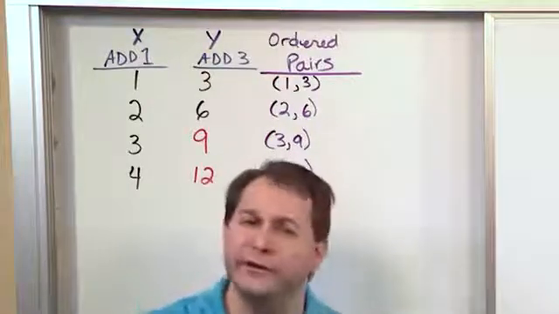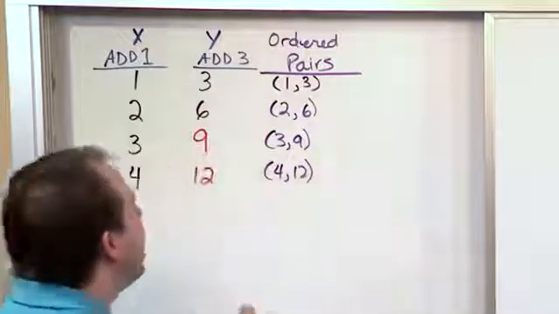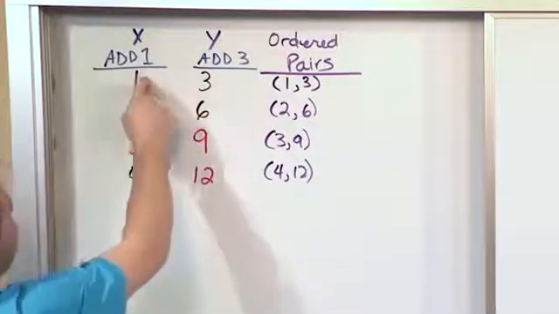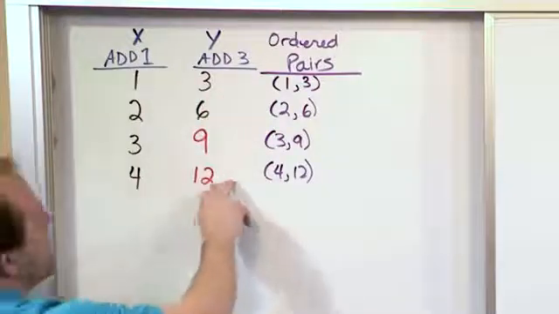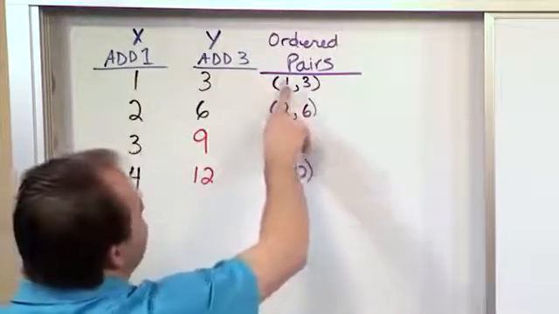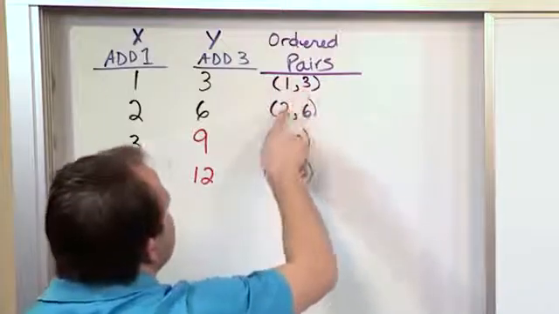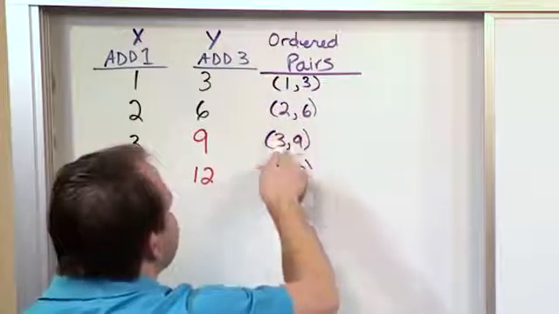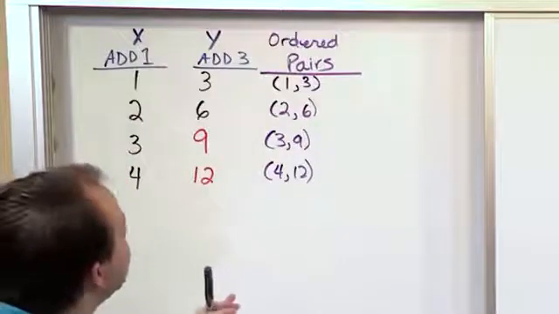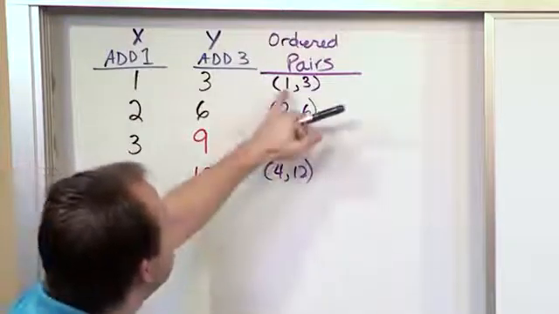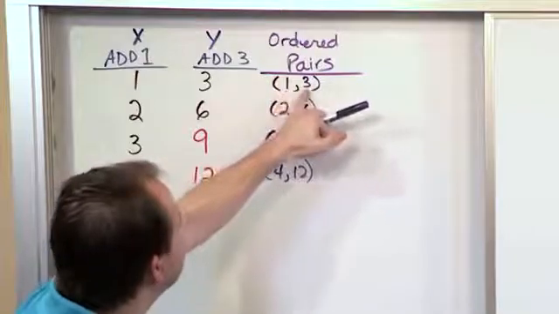Now, the reason that we're trying to do this, really, is we want to figure out what the relationship is. We know how we generated this column, and we know how we wrote the numbers down for this column. But let me ask you, do you see any pattern here? Here's 1 and 3, here's 2 and 6, here's 3 and 9, and here's 4 and 12. Is there any kind of rule that you can come up with that relates the first number to the second number?